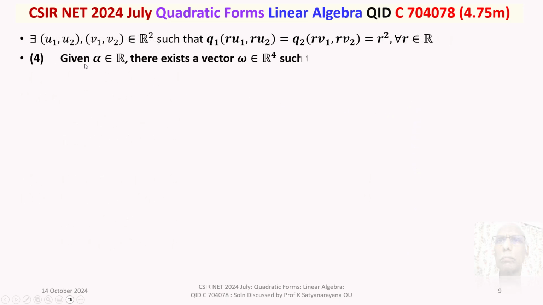Given alpha belongs to R, alpha is any real number, there exists a vector omega belongs to R power 4 such that the value of Q at this omega is equal to alpha.